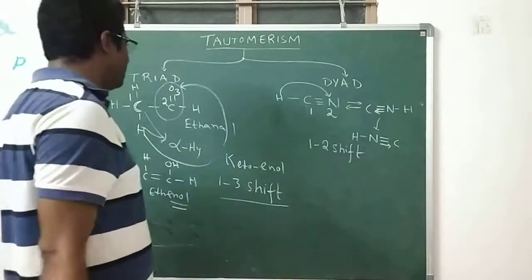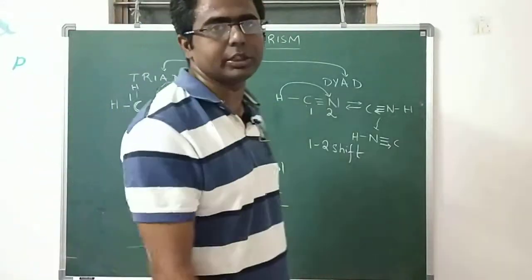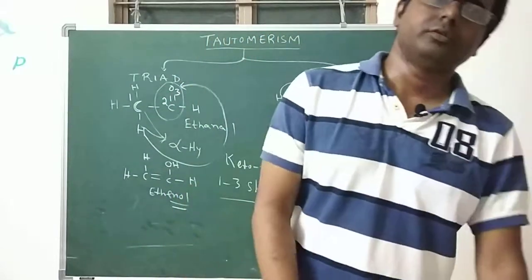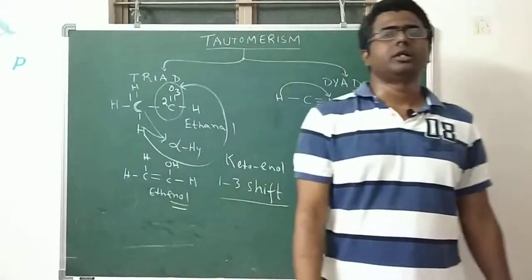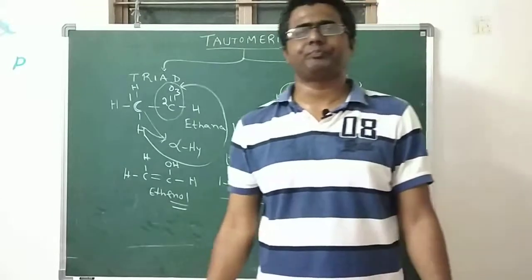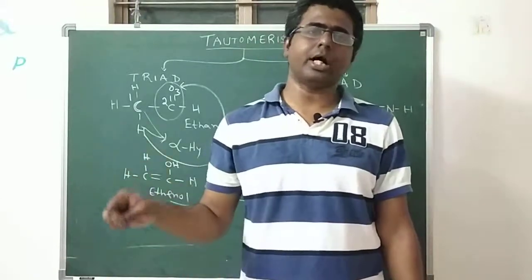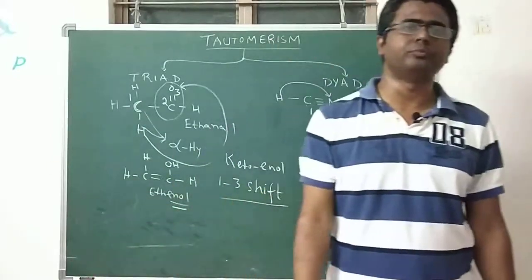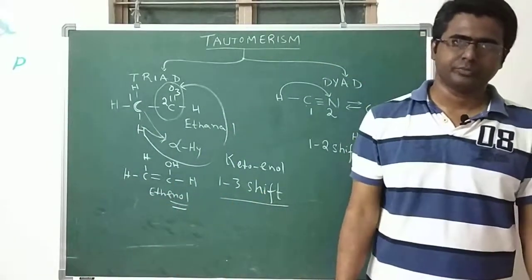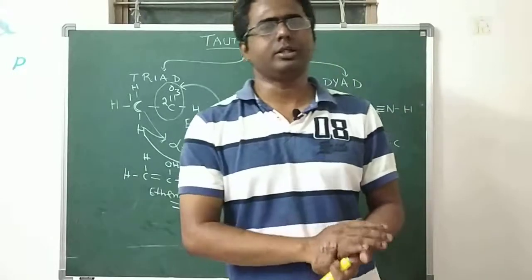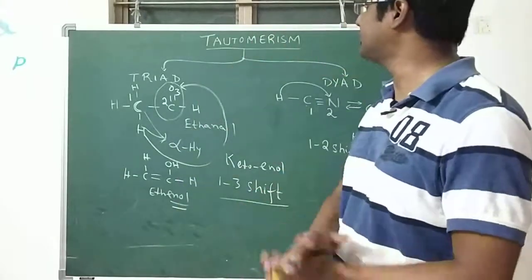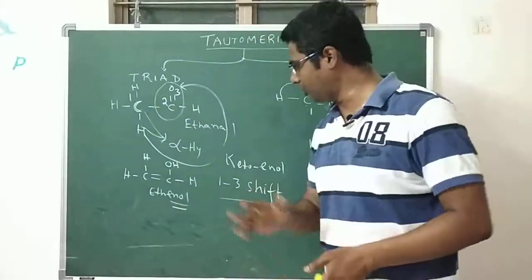You can write it down. 1-3 shift of a hydrogen atom connected to a carbon atom, which is again connected to the carbon atom containing the functional group, is called your triad system of tautomerism. Okay? So you can note it down, everything.